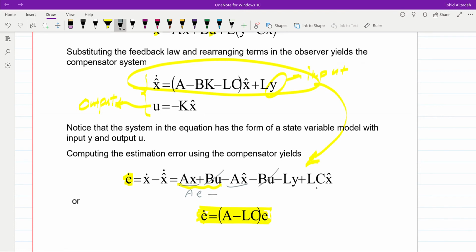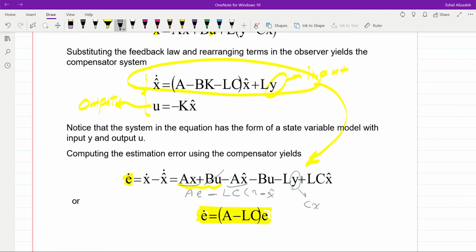Y is equal to C times x, so we will have minus L times C times x minus x hat, because we have the negative sign outside already.